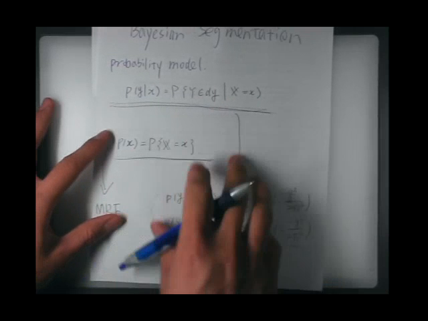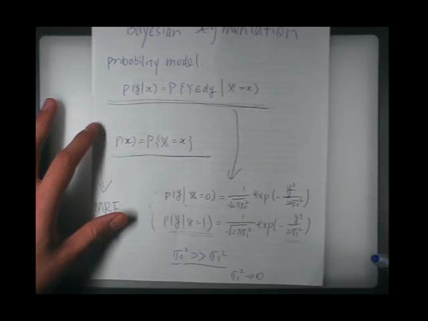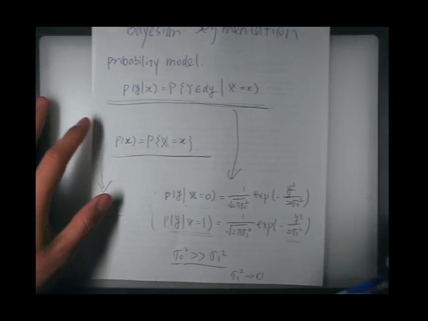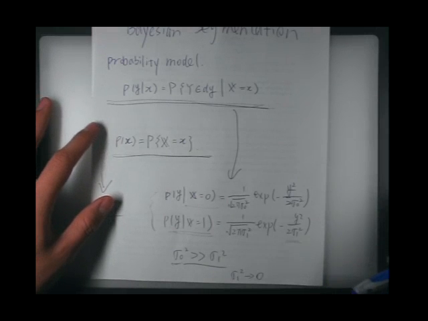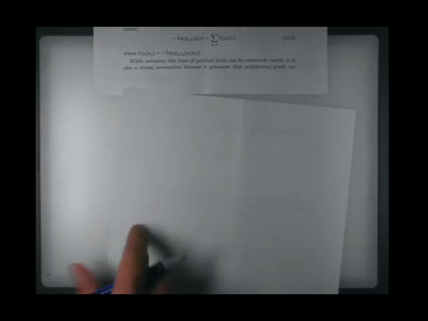With this probability model, we can define different cost functions. And with different cost functions, we can have two estimation strategies. One is MAP, the other one is MPM. So I'll go through the two cost functions very quickly.